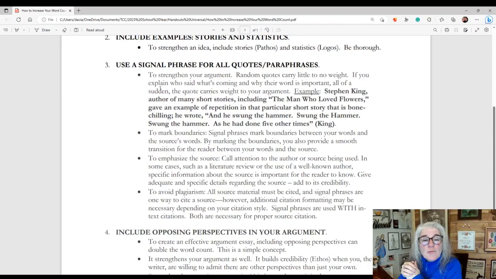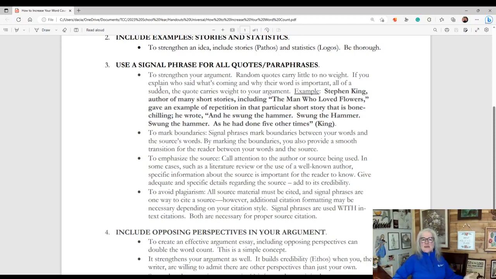And I'm going, hmm, what are you quoting there? Or what are you paraphrasing there? I can't quite tell. So we use a signal phrase to mark boundaries. By marking the boundaries, you also provide a smooth transition for the reader between your words and the source. And you increase your word count.